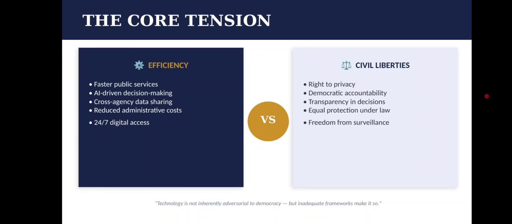These include privacy, transparency, accountability, and equal protection under the law. The issue is that as governments rely more on technology to increase efficiency, these civil liberties often come under threat. So the central question is, how can we achieve efficient governance without undermining democratic rights?